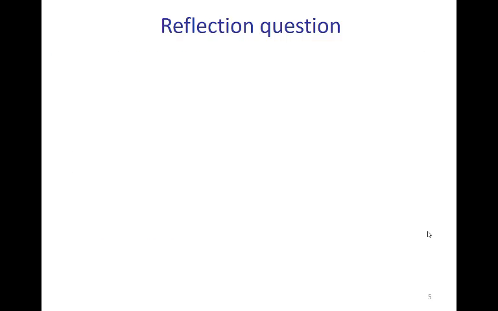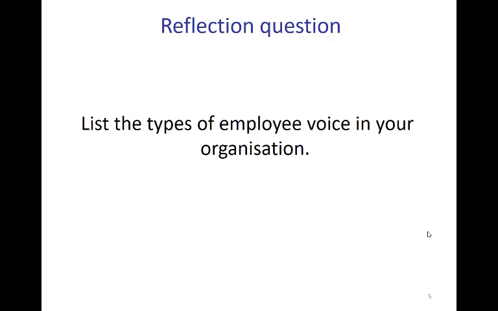So have a think about your own culture where you work, in your own organisation, and what types of employee voice do you have where you work? How effective are they? I think the key here is that different organisations, of course, will have different types of employee voice mechanisms, and that depends on whether the company is unionised or non-unionised.